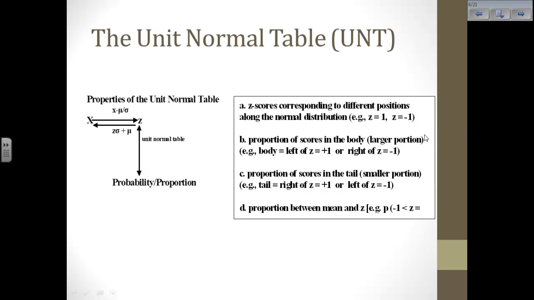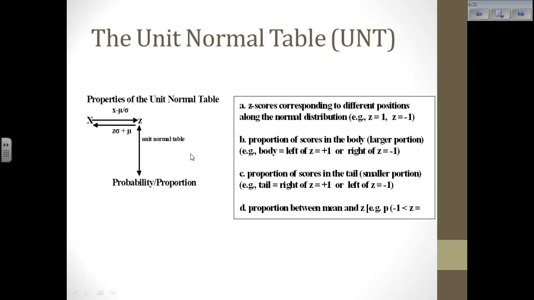So a quick review of the unit normal table. The unit normal table can be used to find probabilities associated with specific x values by using z. So you'll have the x value given to you, something that you're interested in. You'll calculate the z-score for that using the formula that we just looked at, and then you'll use that z-score to go to the unit normal table and find the probability that you're interested in.